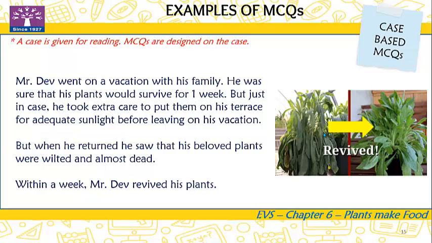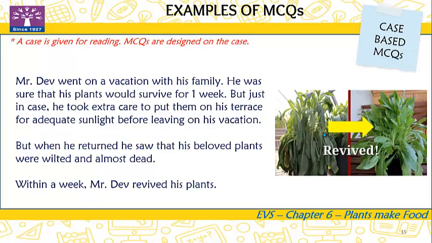Now the case study is clearly linked to the process of photosynthesis that plants carry out to make food and thereby they survive. It's based on a real life event that many of us have gone through, that is lack of care of our plants. The language is simple and easy to understand. How is it connected to photosynthesis?